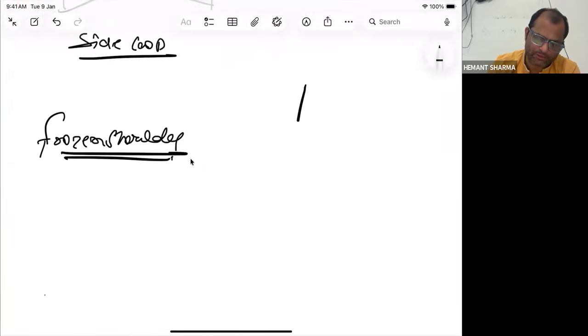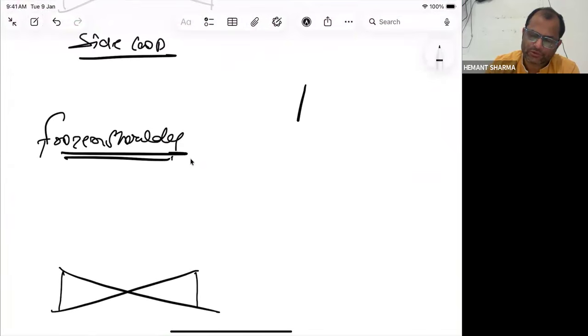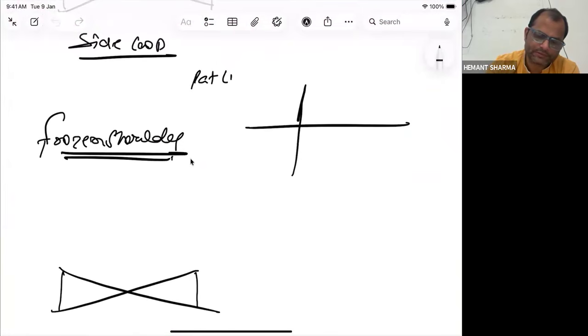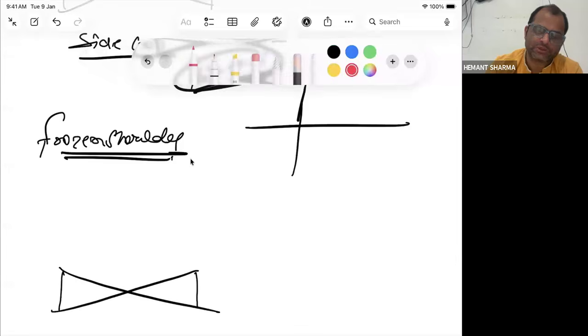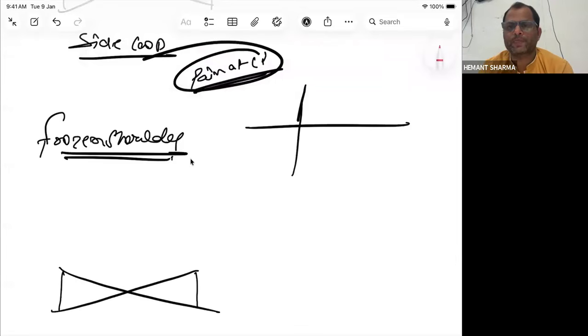So always remember this structure now. So pain at LI. We can also start from the same segment here. I am choosing as per the system number 6.